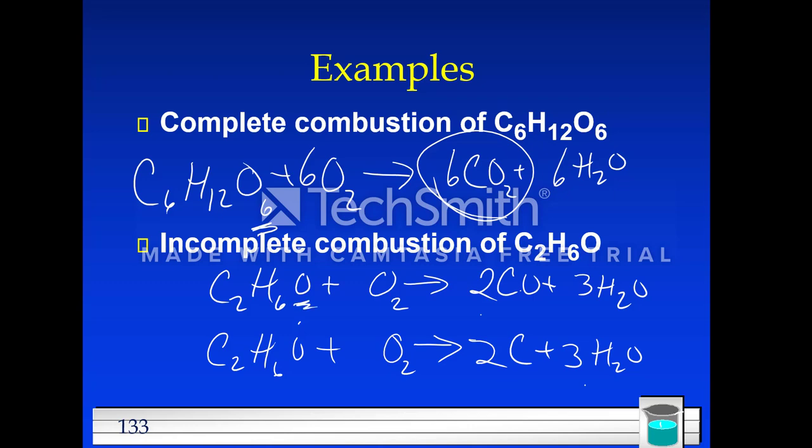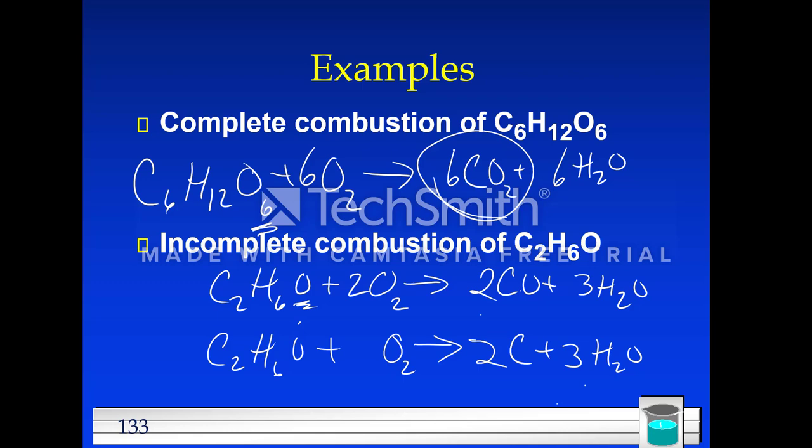So in front of O2, I only need 4 more. So that's a 2, because that gives me 5 on my reactant side. Down at the bottom, 2 C's, 2 C's, 6 H's, 6 H's, 3 O's, 3 O's. We're done.